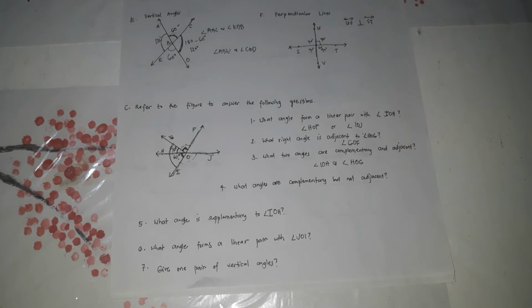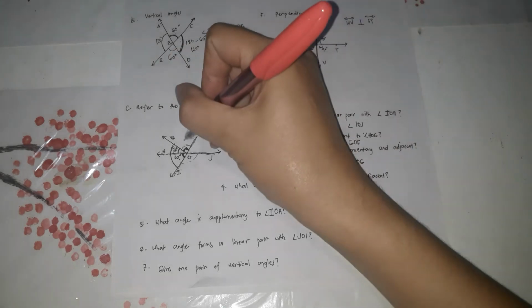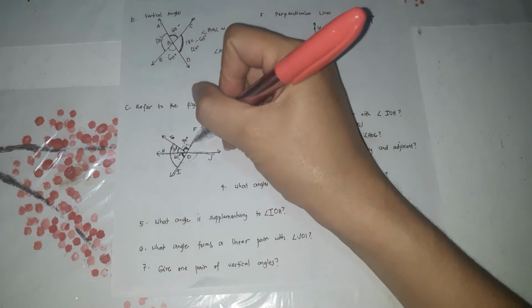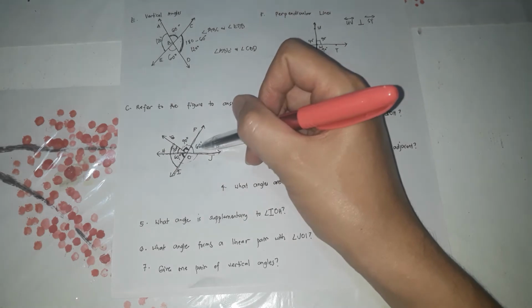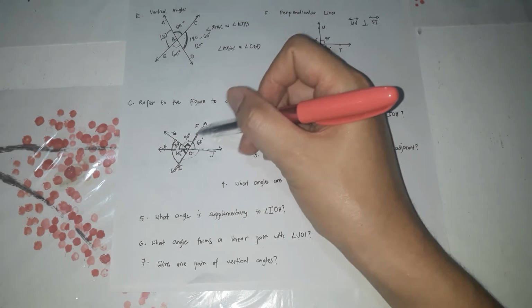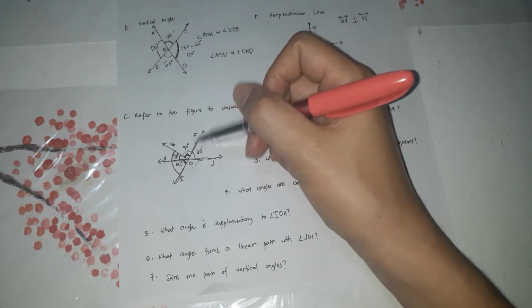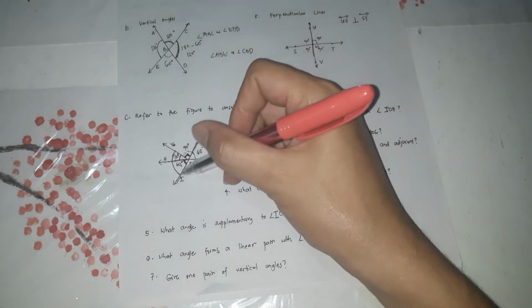So, next question, what angles are complementary but not adjacent? Complementary sila pero hindi sila adjacent. So, if you're going to take a look at the measurement, this is 90 degrees. This would be 60 degrees. Bakit 60 degrees? Because they are vertical angles. Magkatalikod sila na angles, so therefore they are the same. So, this is a linear pair.